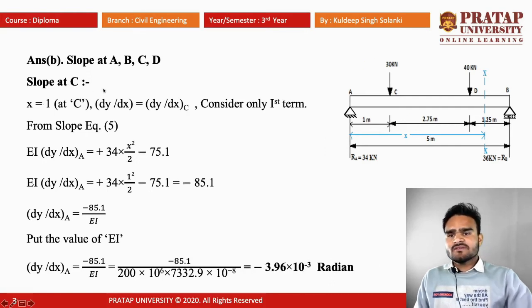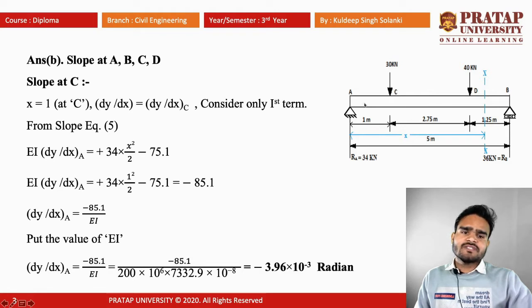Next we calculate the slope at C. For the slope at C we put x equal to 1, because the distance of C from A is 1 meter.